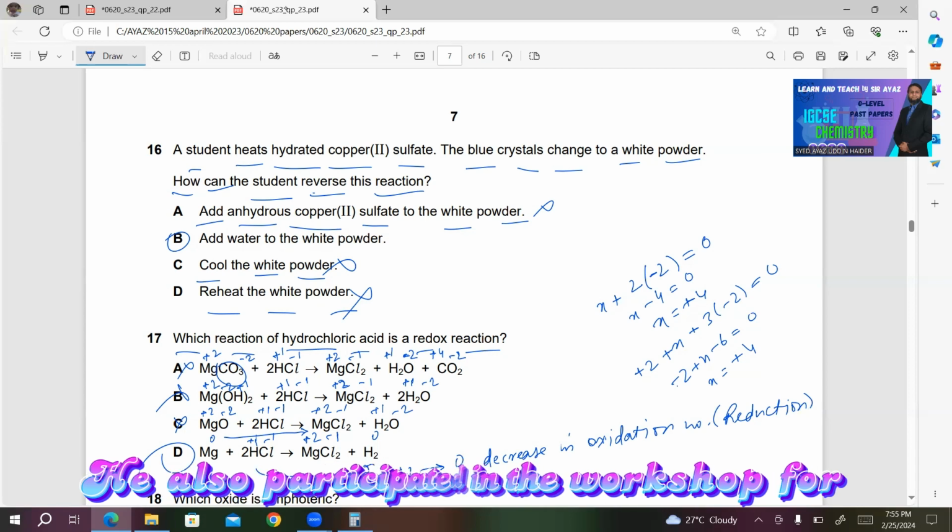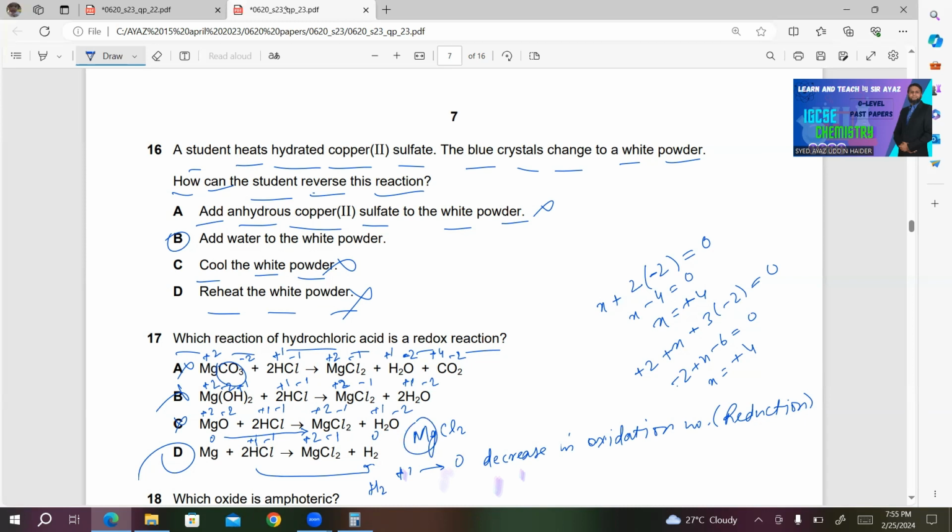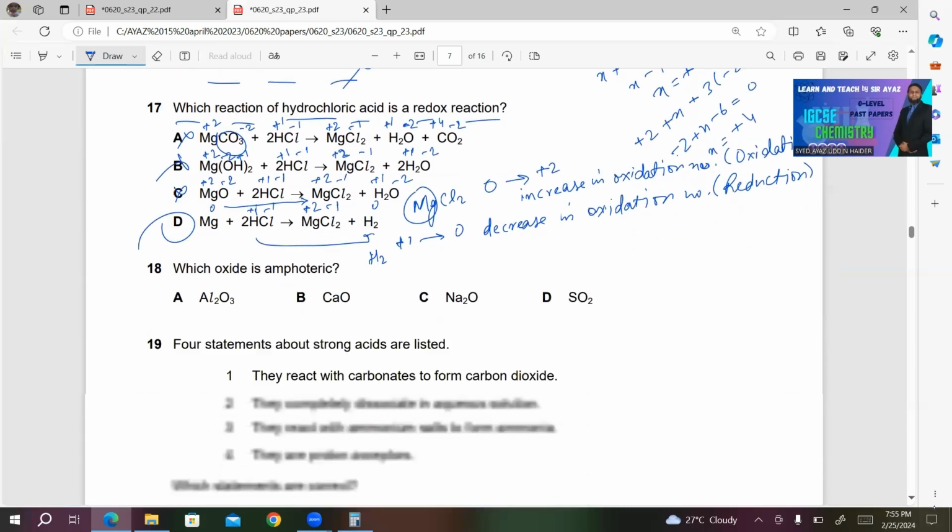This was for H2. In MgCl2, the oxidation number is changing for magnesium. 0 to +2, which means an increase in oxidation number. And it must be oxidation. So choice D will be the right answer in this case.